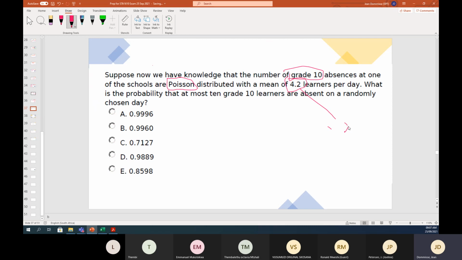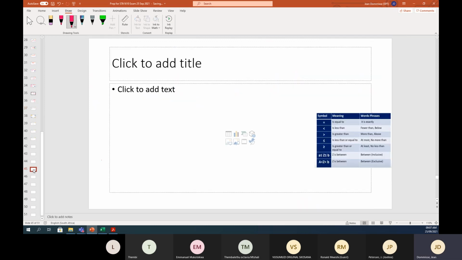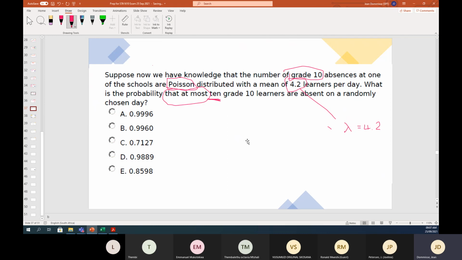So 4.2. What is the probability that at most 10? Okay, so that one that I needed to copy in was actually perfect for the last question as well.